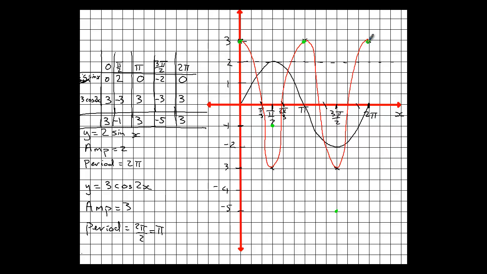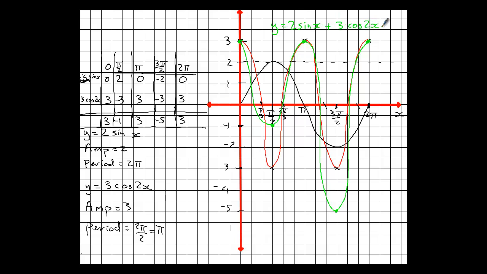So what does my graph look like? Down it comes. Oops, went too far. Try again. Down it comes, around, up, all the way down to minus 5, and up. And so in green, we have y equals 2 sine x plus 3 cos 2x.